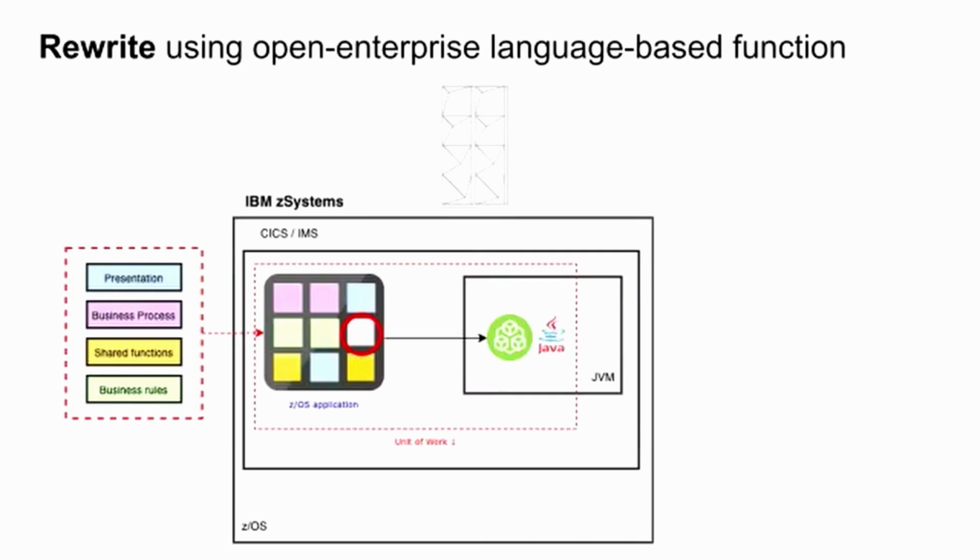You can link from COBOL to Java and from Java to COBOL seamlessly in the same CICS transaction and maintain your existing transaction and security context. And this enables you to modernize very much in a stepwise manner. You can take different components of the application and modernize more components as business need dictates.